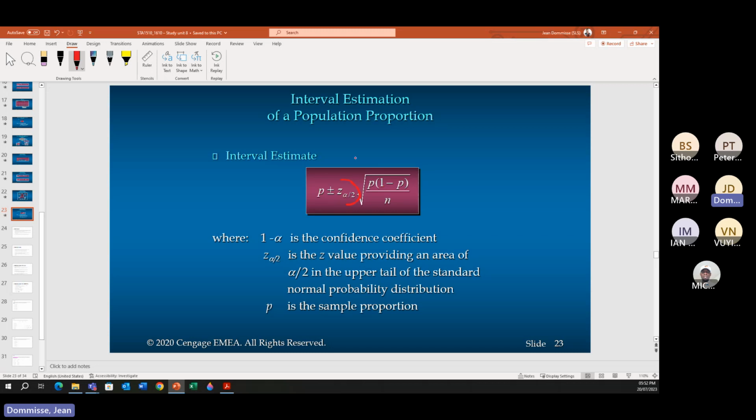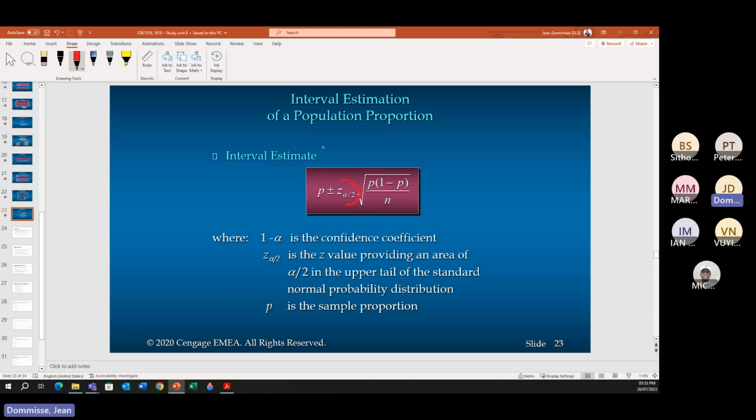Okay, so that is nearly the three things that we will cover tonight: work out a confidence interval. There's basically three confidence intervals that we will work with. It is when your standard deviation is known, when your standard deviation is unknown, and when you are working with a population proportion.